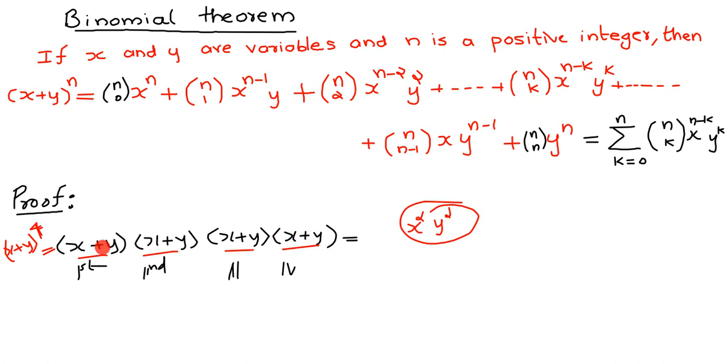For example, among the possibilities, we can select x from the first 2 factors and y from the last 2, or 2 x's from first and third and 2 y's from second and fourth.